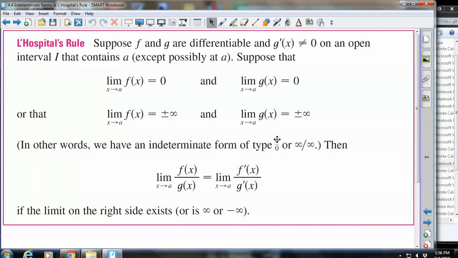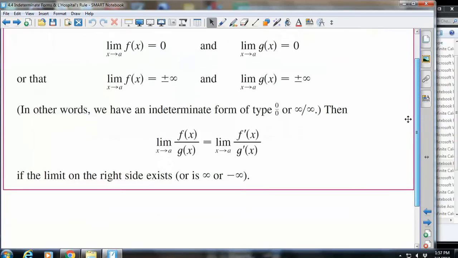In other words, if you go to evaluate this and you plug in, you get 0 over 0, or infinity over infinity, or negative infinity over negative infinity, or positive over negative infinity, anything like that, that's an indeterminate form. So what we will do instead, L'Hopital's rule tells us we could actually do the limit of the derivatives of those functions.